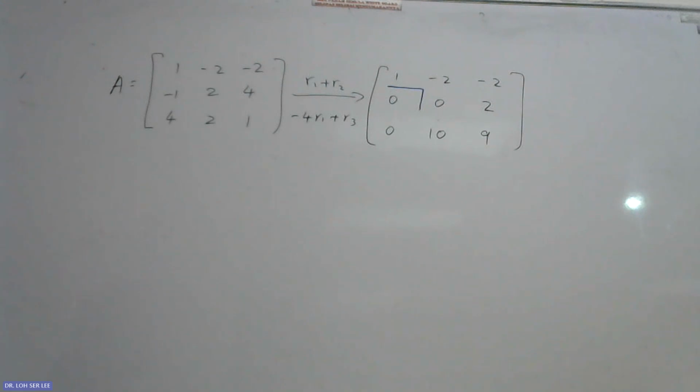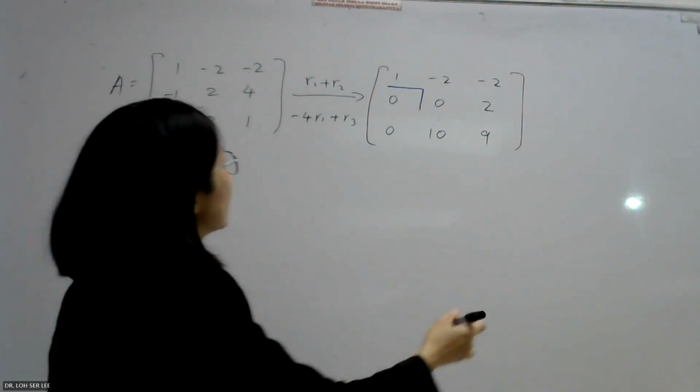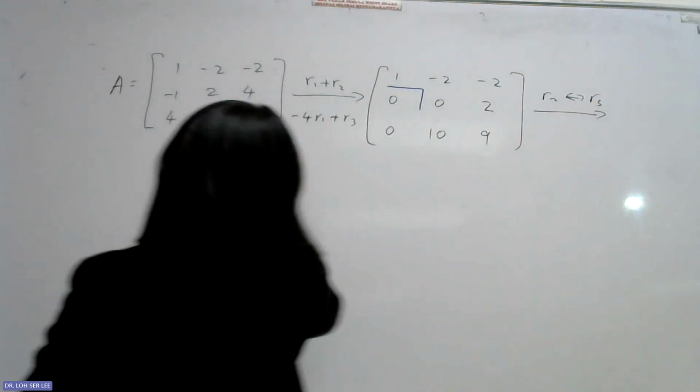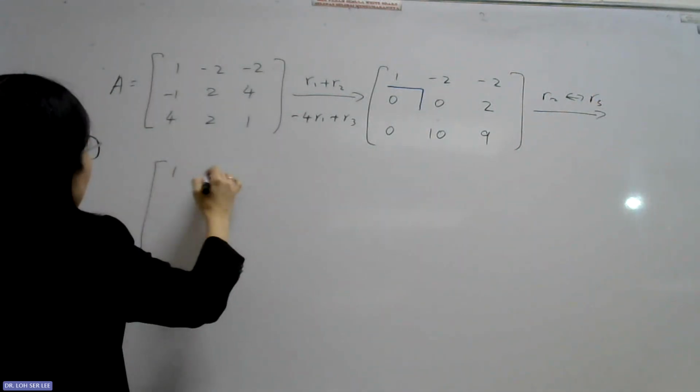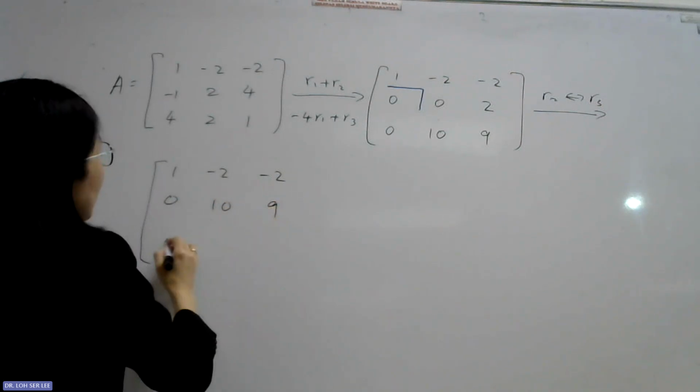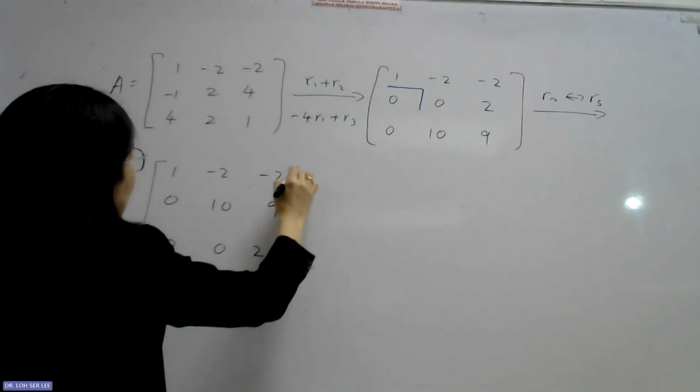When we swap R2 with R3, we get 0, 10, 9, 0, 0, 2.